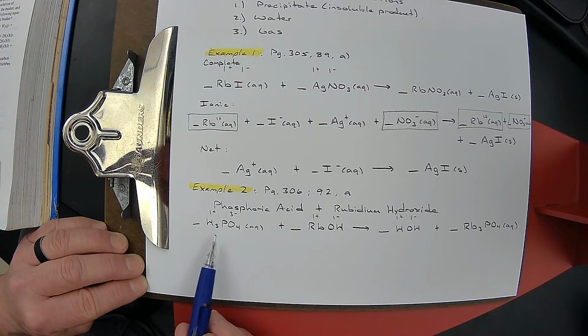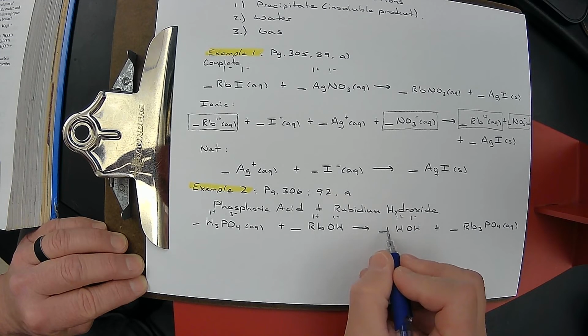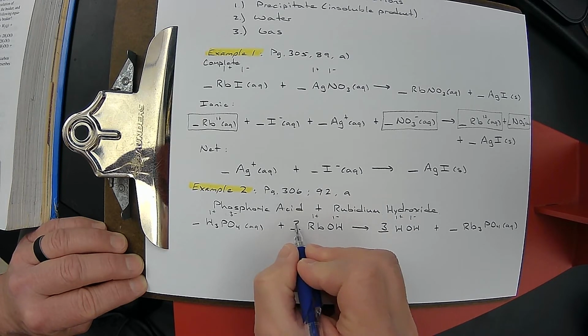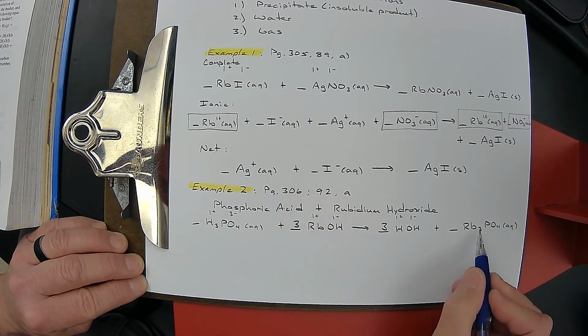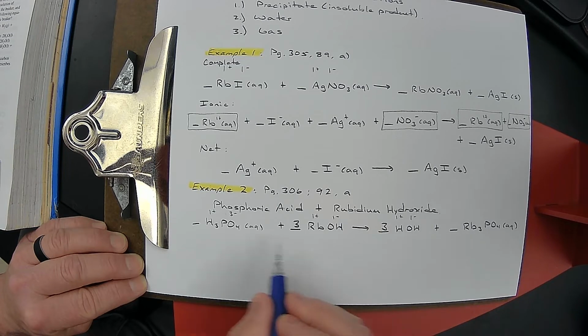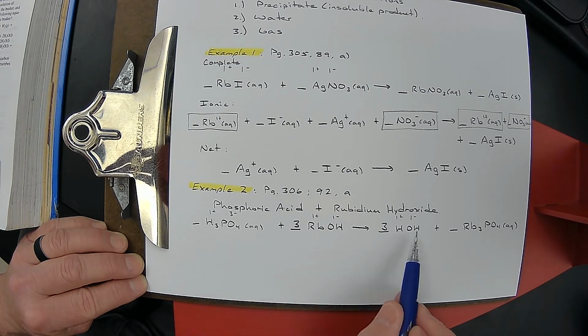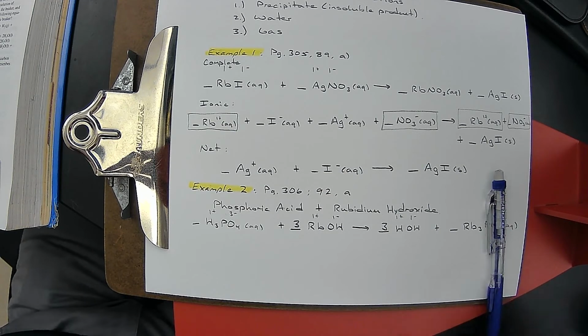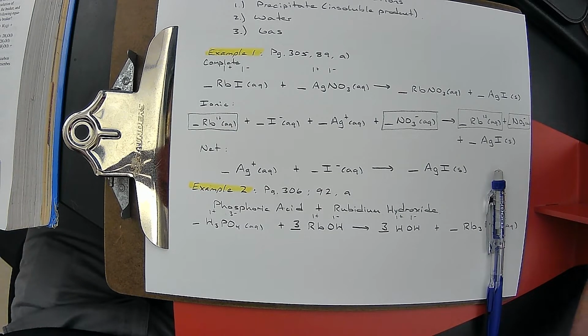But we need to balance the equation. There's 3 H's over here, so we put the 3 there, but that gives me 3 OH's, so I put a 3 there. That gives me 3 Rb's, 1 PO4, 1 PO4. It's all balanced now. So that's the second type of question, is water produced in the double replacement reaction?